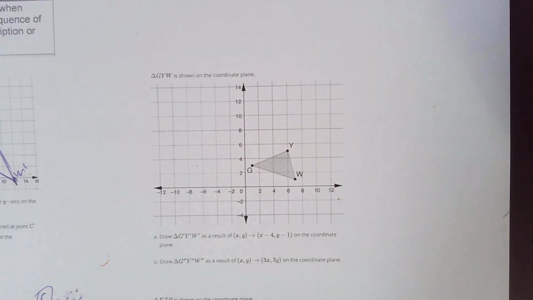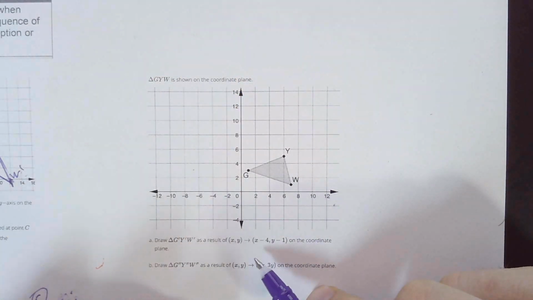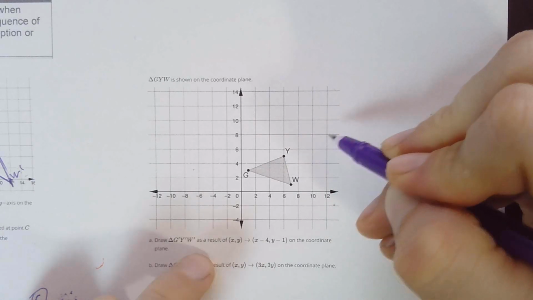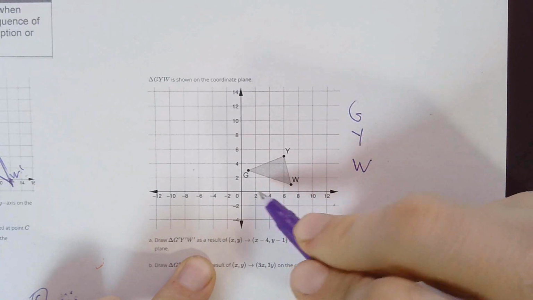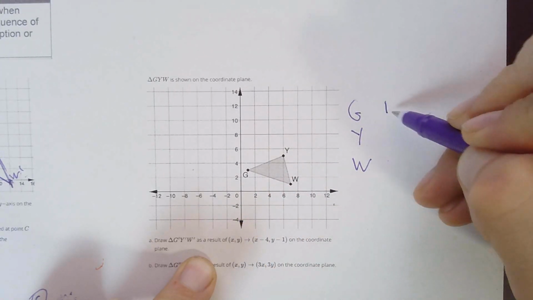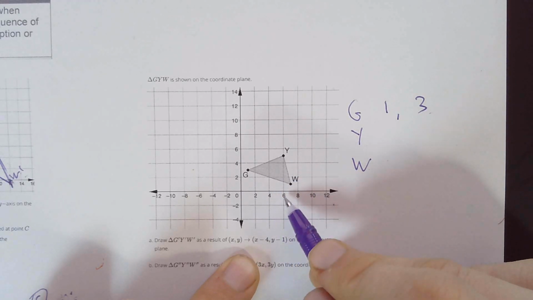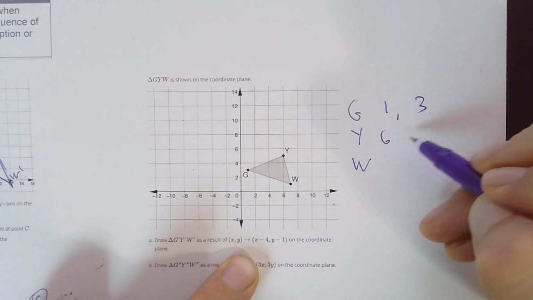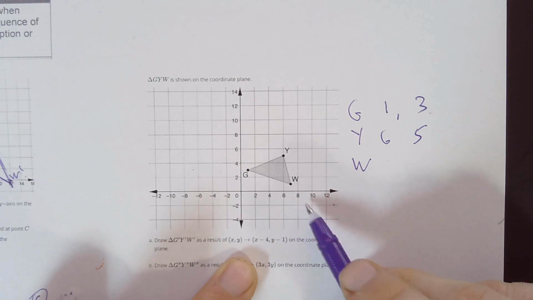So my initial translation is going to be purple, and I'm going to do it with point comparison. I'm going to do G, Y, W. Initial points are, looks like, 1, 3. Y is 6, 5. And W is 7, 1.